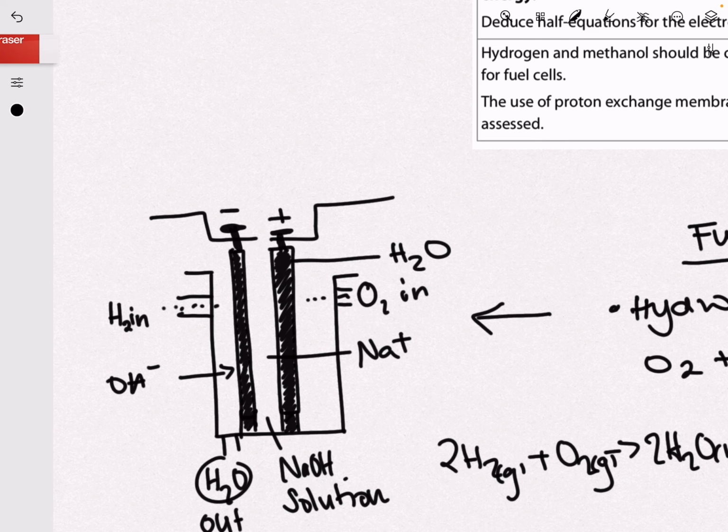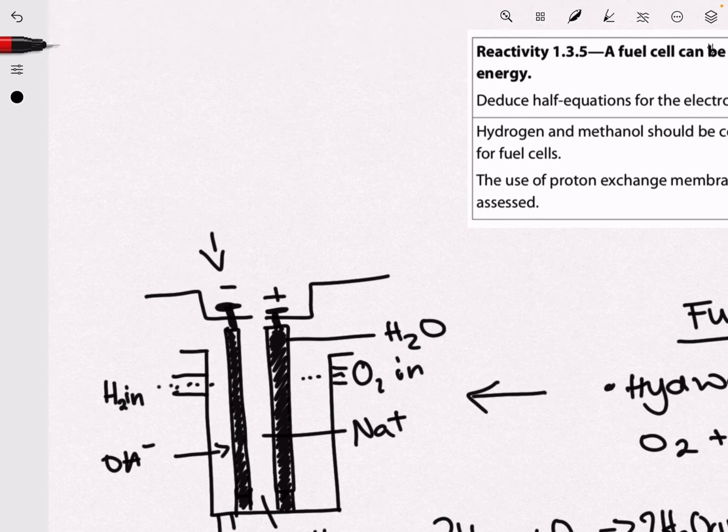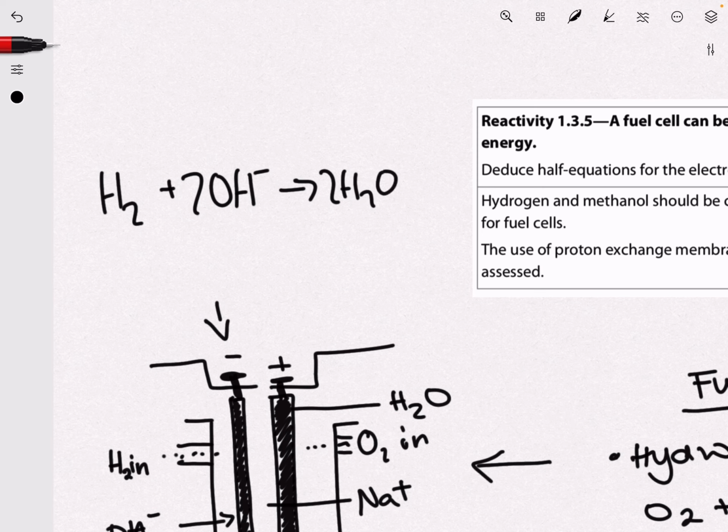Next are the half equations that occur at each electrode. So at the anode, which in this case will be our negative terminal here, we get oxidation, which means a loss of electrons, so we get this to form 2H2O plus 2e minus, and at our cathode we will have reduction because this is a redox reaction.